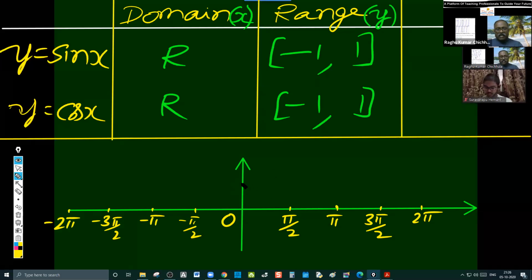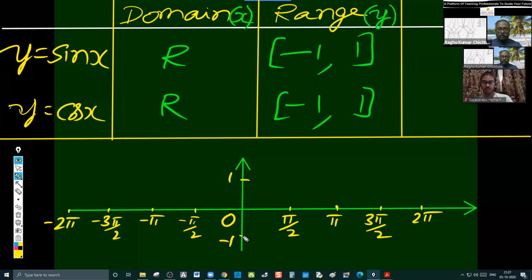Now let us understand this is plus 1 on y-axis and minus 1. So it is common sense that you must have the graph lying between these 2 points only.